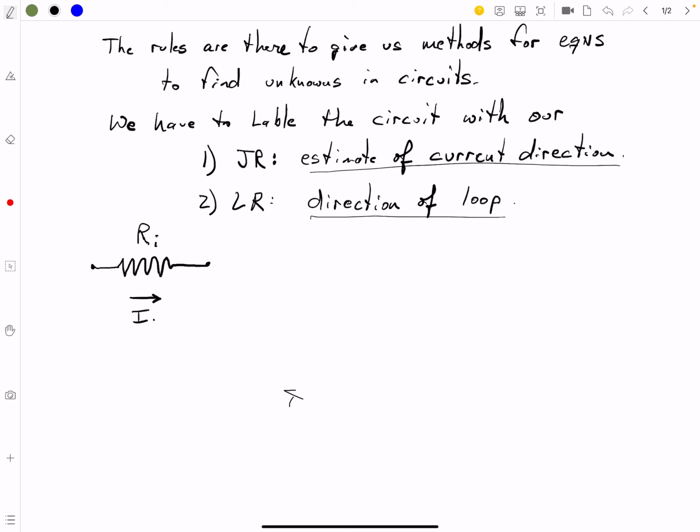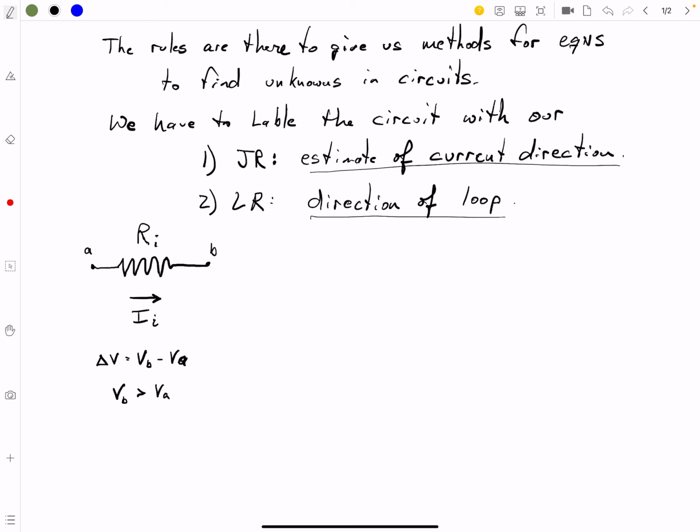This is resistance I, whatever. Okay. If this is B and this is A, and delta V equals VB minus VA, if VB is greater than VA, what does that mean?